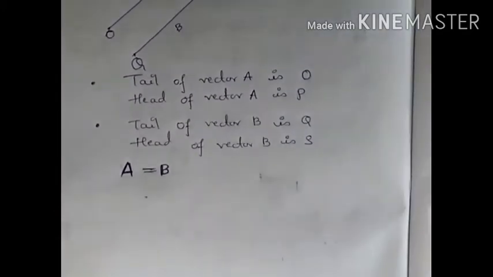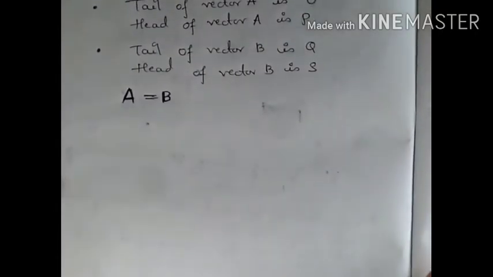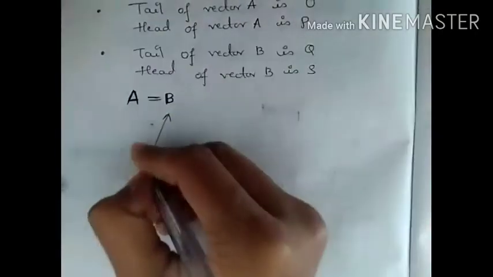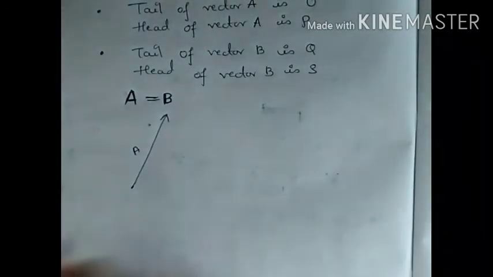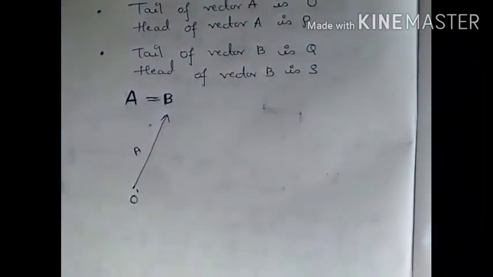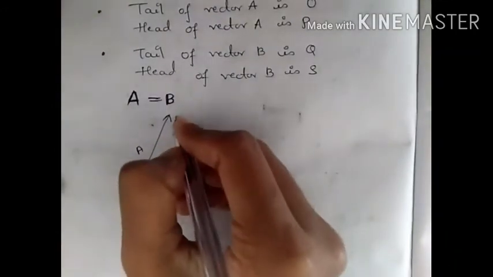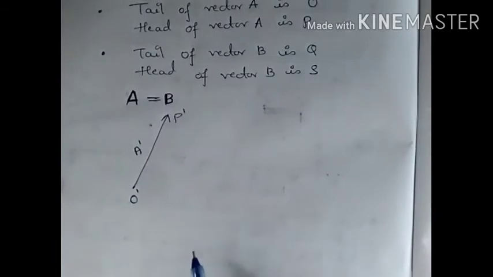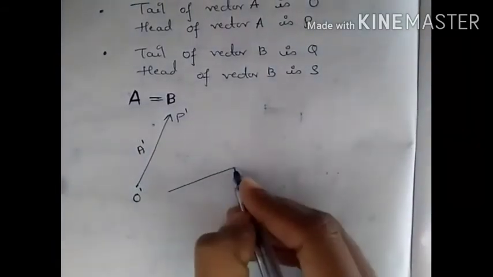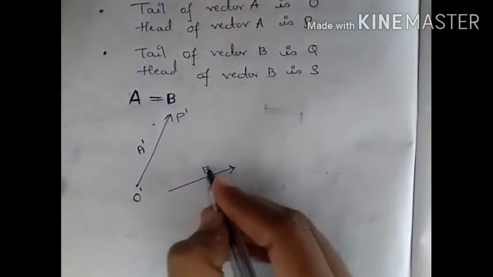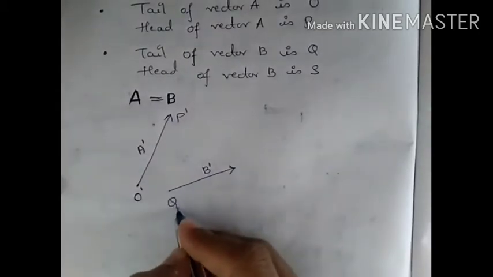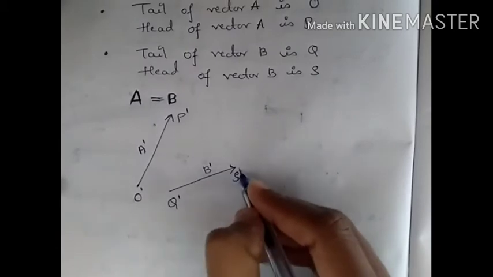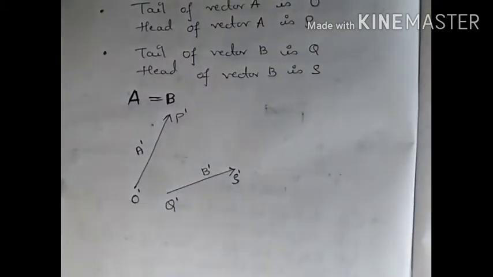Now let us see another example. You have a vector A prime, with O prime as the tail and P prime as the head. There is another vector B prime, with Q prime as the tail and S prime as the head.